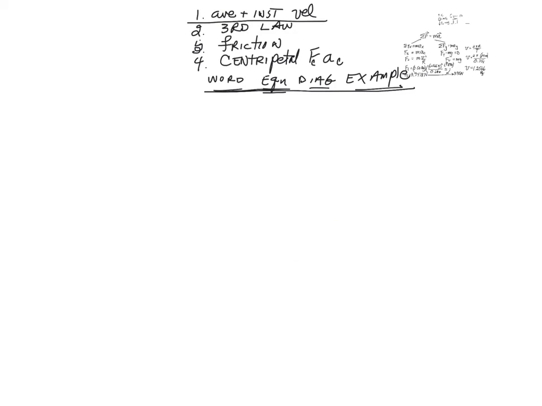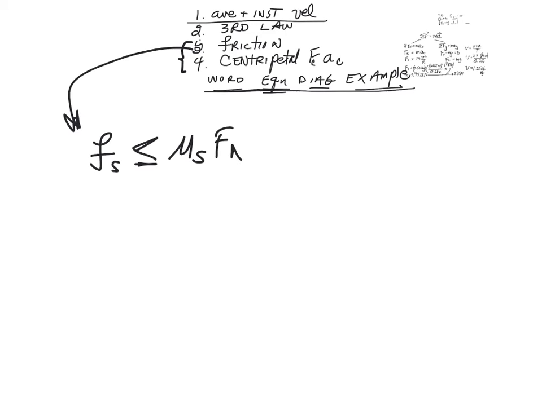So there's a lot of video material in these last two topics, but if you had friction, you would start with the equations: the definition of static friction is less than or equal to the coefficient of static friction times the normal force. And similarly for kinetic friction, except it's equal in that case.